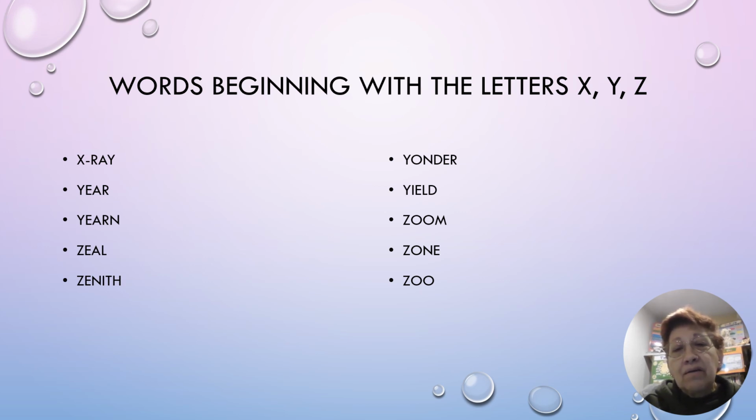Not all the rules are for every single word. Sometimes the rule will change, and that changes the sound of the word. So we'll keep moving on. We'll keep learning more words and learn the sounds and how to use them.